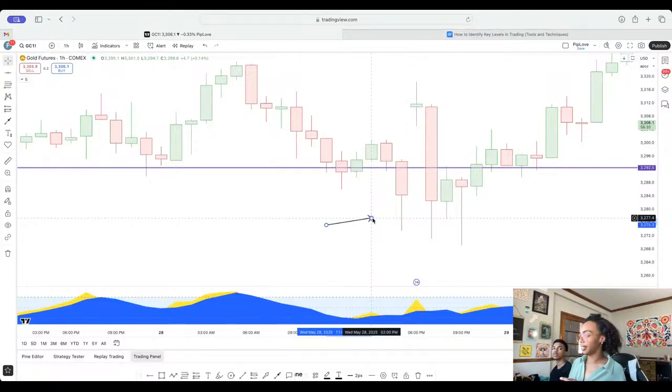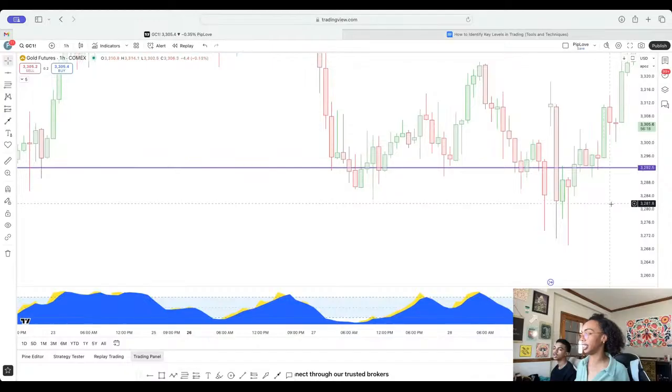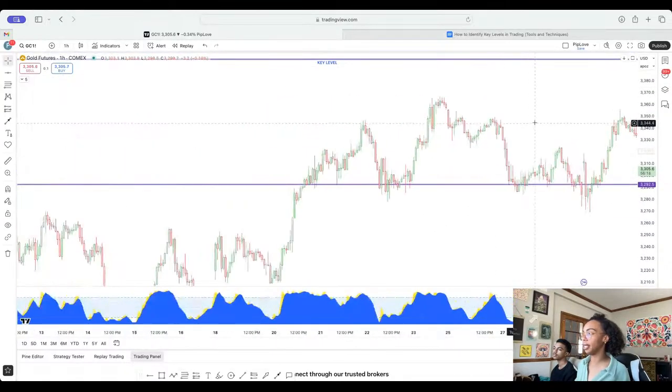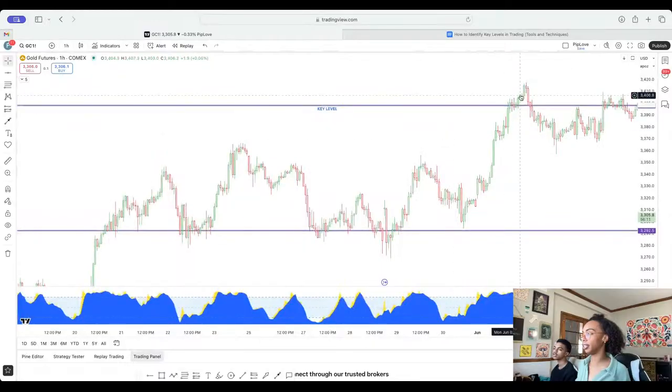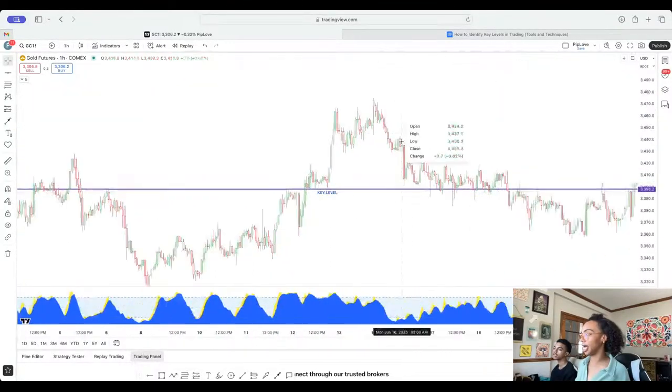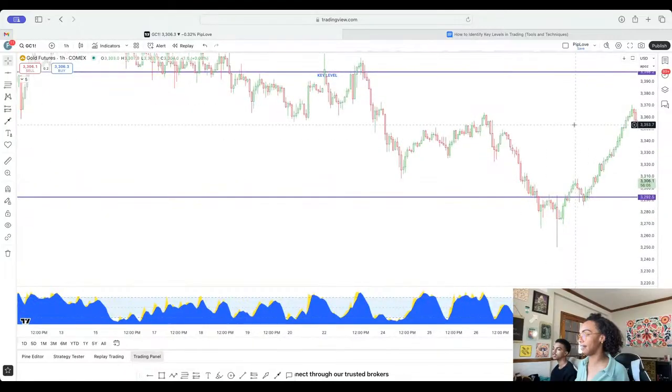Let's see here. All right, so it's 9:03. What else do we need to do? I think we're good with key levels. Do you guys have any questions about these key levels, how to spot them, how to use them, or how to use our indicator, the pivotal zones, to spot key levels?